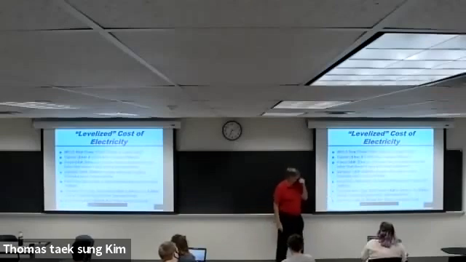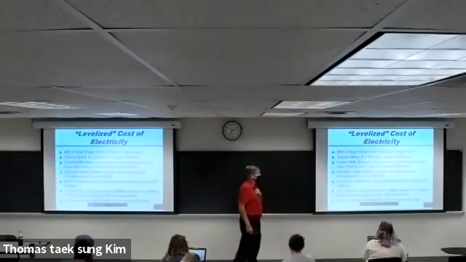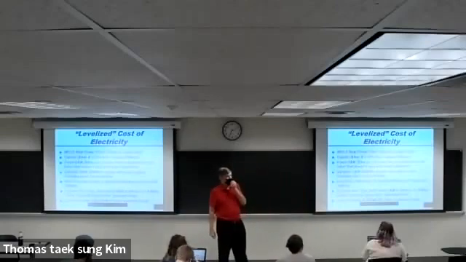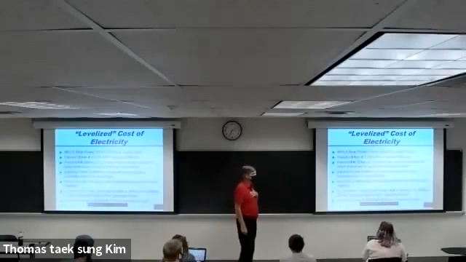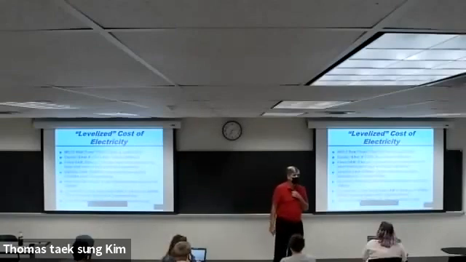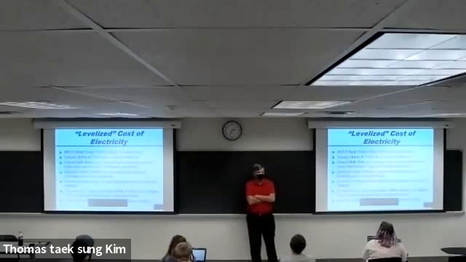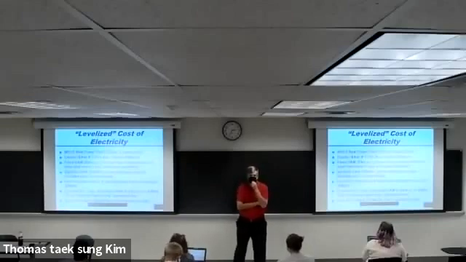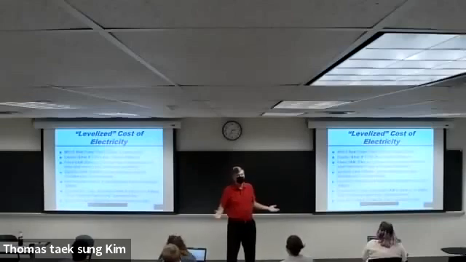And then the annual capital and fixed O&M in dollars per kilowatt year you want to convert to dollars per megawatt hour. There you've got to assume, and you're not going to know exactly, if you're building this plant, how many hours a year do you think it's going to run? Some of that with renewables is an assessment of how much the wind's going to blow in that area, the overall utilization of the wind capacity that you build.